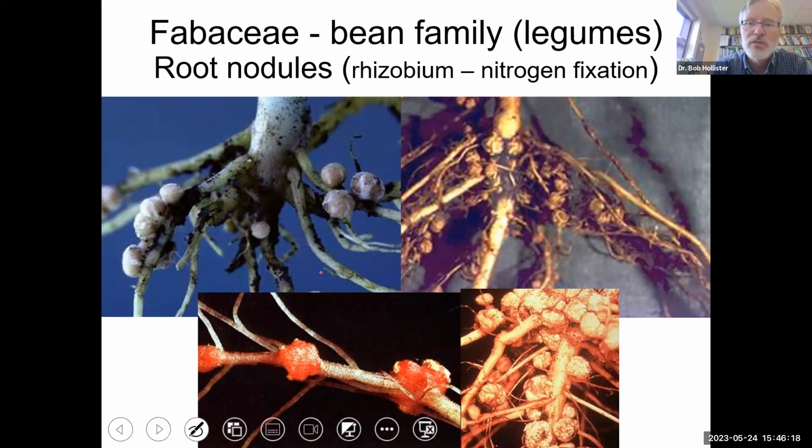They've got these root nodules in the roots, these little spherical structures that are host for the bacterium rhizobium. And rhizobium is very beneficial because it's a strong nitrogen fixer. So it does nitrogen fixation, which makes it so that you can get atmospheric nitrogen.